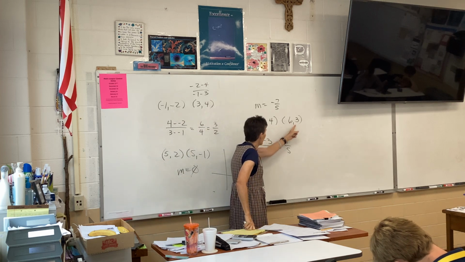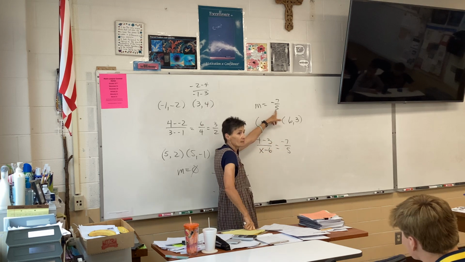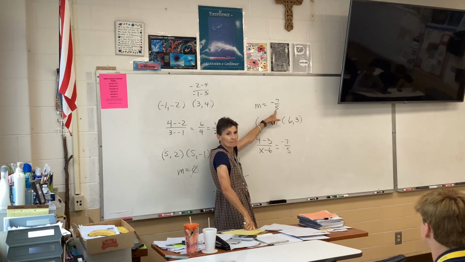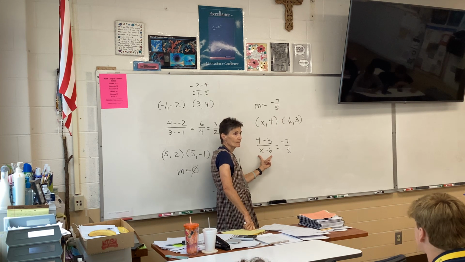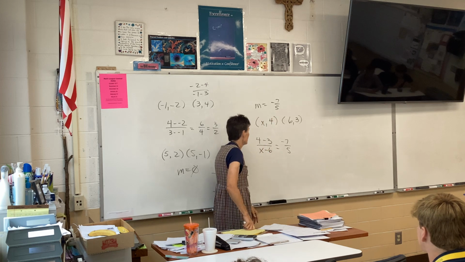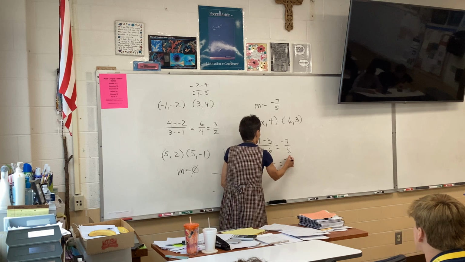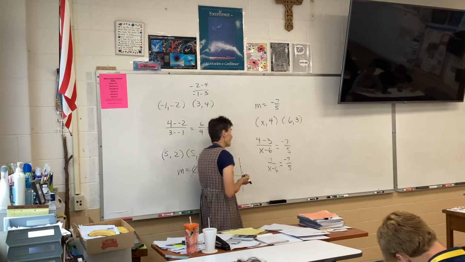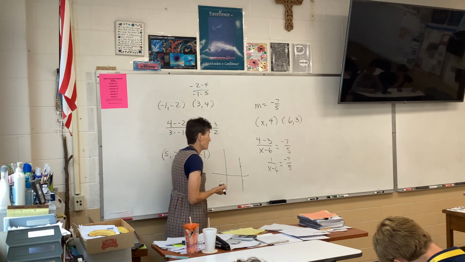Y minus y over x minus x has to be negative 7/5. Isn't this how I find slope? And they tell me what the slope is, so I'm just setting them equal. So 1 over x minus 6 equals negative 7/5. How do I solve that? Cross multiply, that's what I would do.